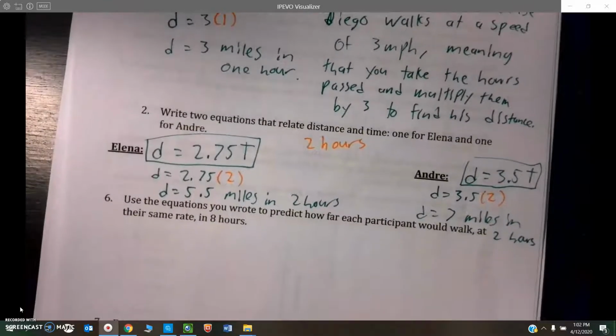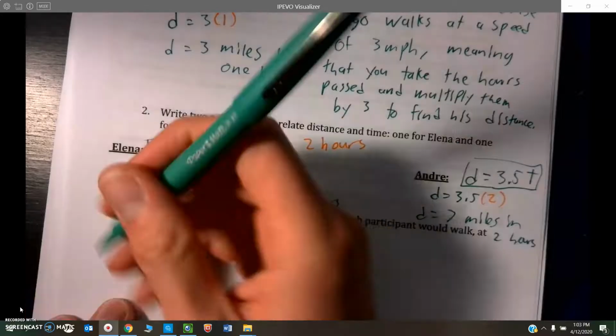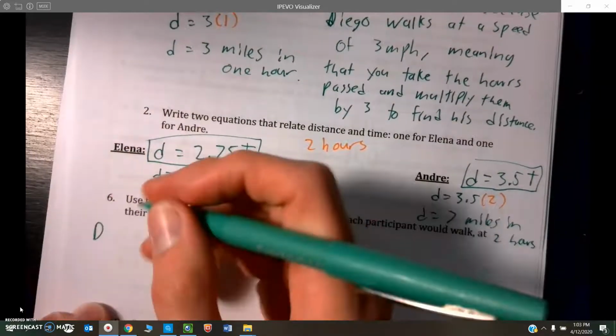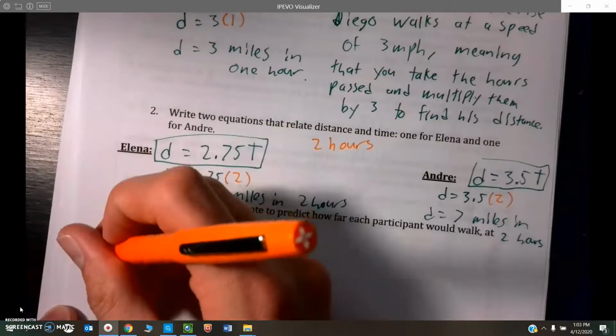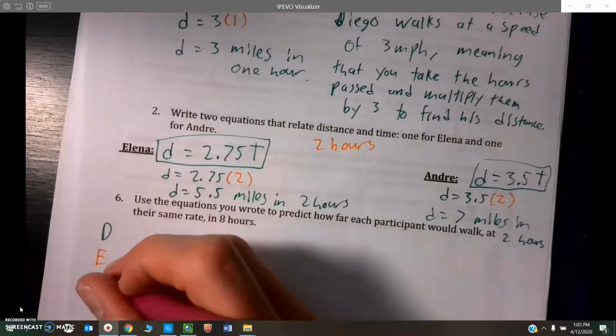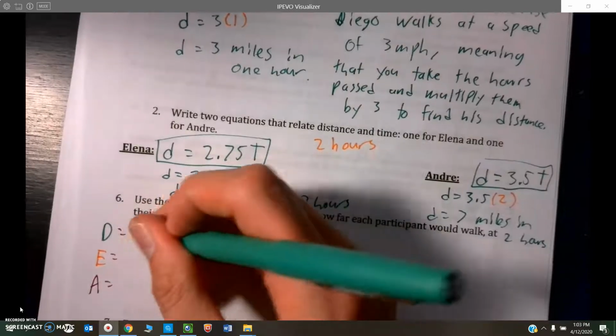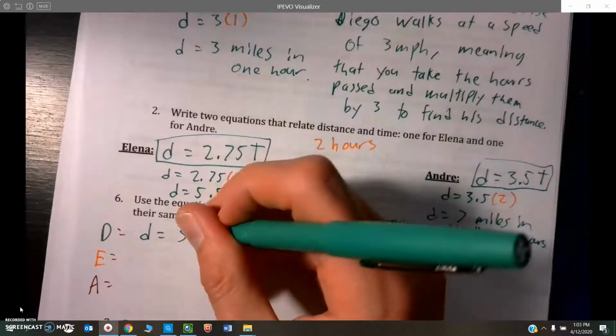So, use the equation you wrote to predict how far each participant would walk at their same rate in 8 hours. So we'll do Diego, Elena, and Andre. So Diego, his was D equals 3t.